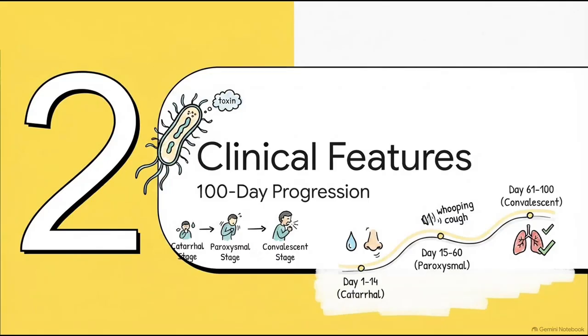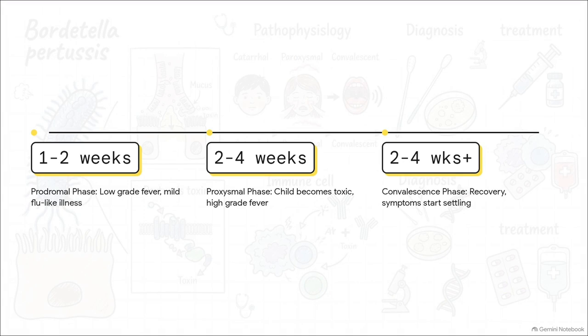Moving on to Part 2, clinical features and stages, the 100-day progression. The disease's infamous nickname, the 100-day cough, comes from this grueling, protracted timeline that unfolds across 3 distinct stages. I mean, think about that for a second. A staggering 100 days for a child to be sick. It kicks off with a 1 to 2 week prodromal phase.